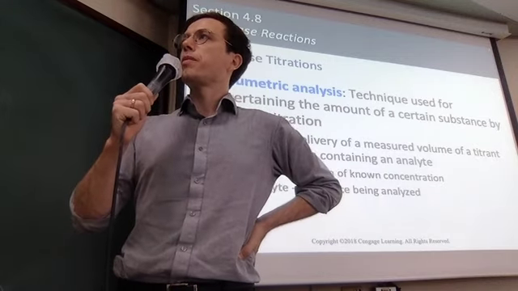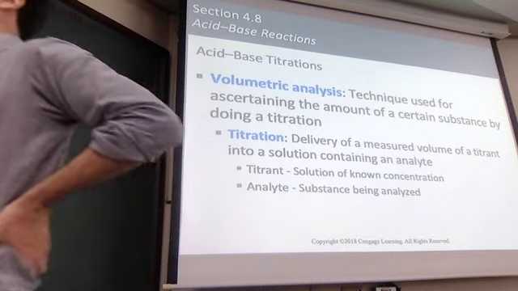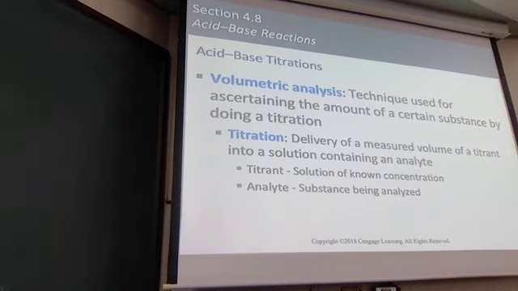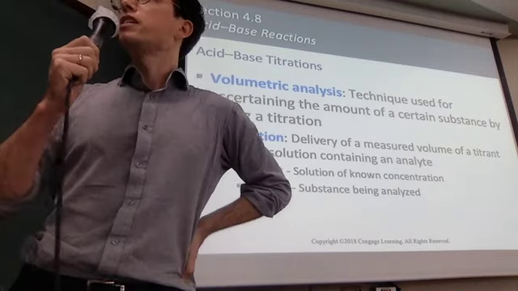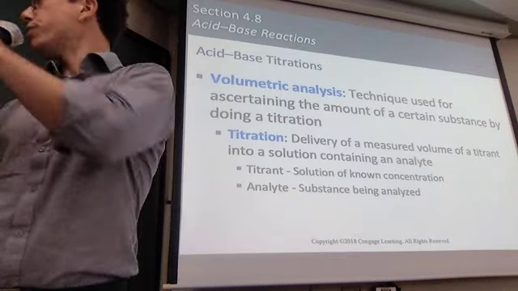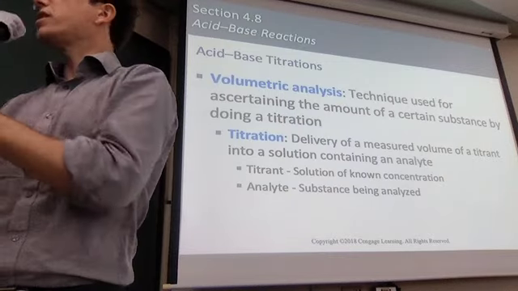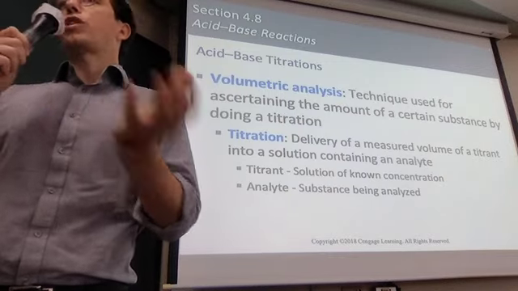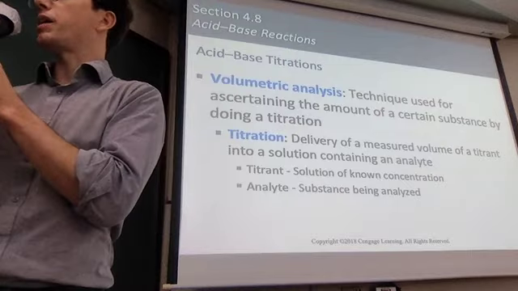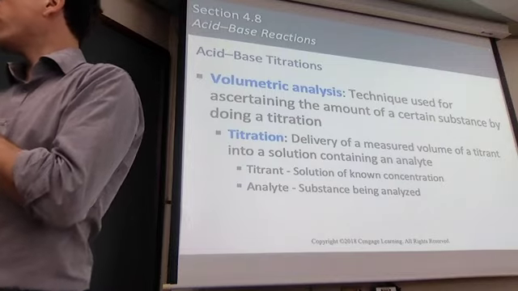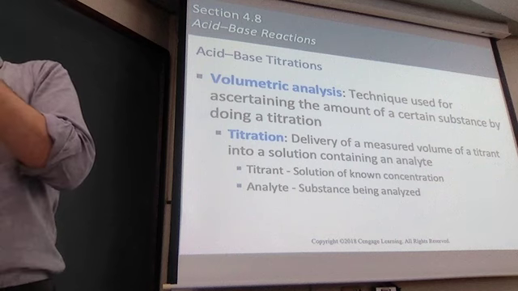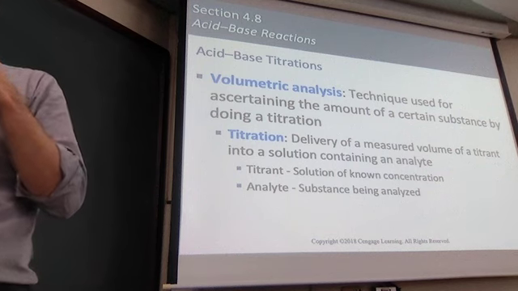So now this brings us to a topic that is quite useful in practice. What you may realize is that if we do these quantitative reactions, which are complete reactions of acids and bases, then we have a way to back calculate the concentration of the solution.